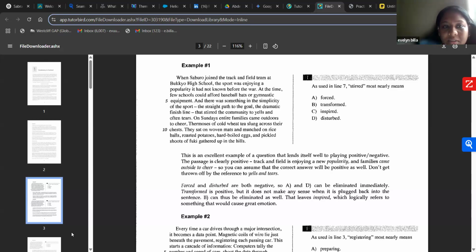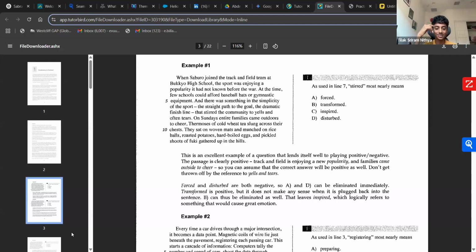Okay, anyone want to take a guess what the author is trying to tell here? Yes, Hasi? I think the author is trying to convey that the track and field team is gaining popularity among the community. Okay. Is that the main idea? You're partially right. Okay, Tilak, you're nodding your head. Go ahead and tell me.